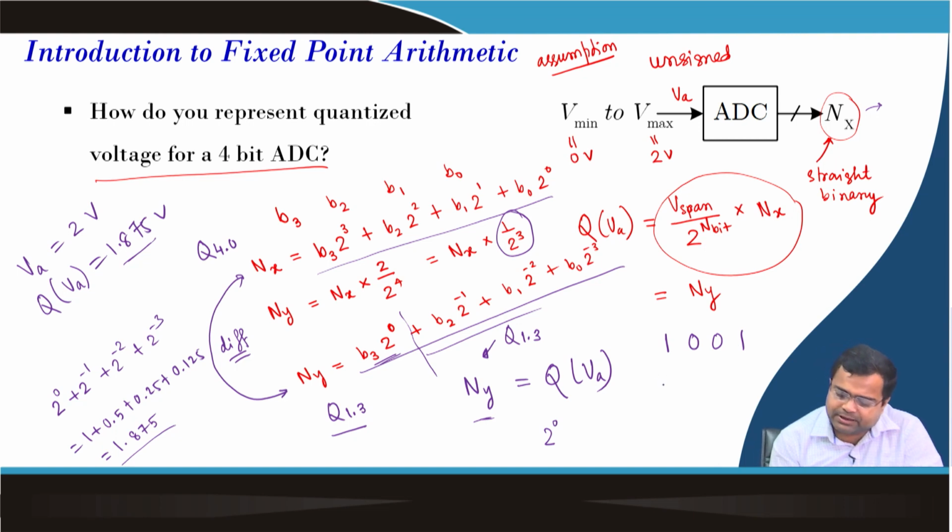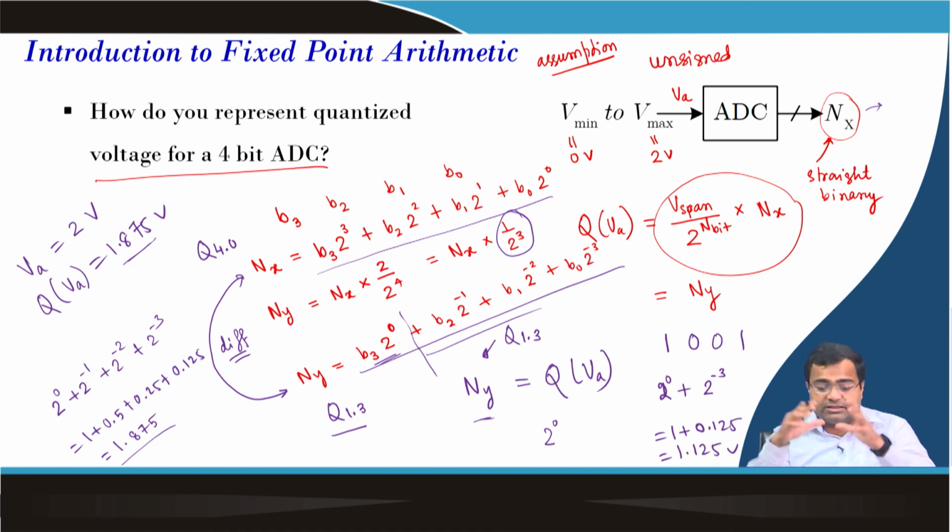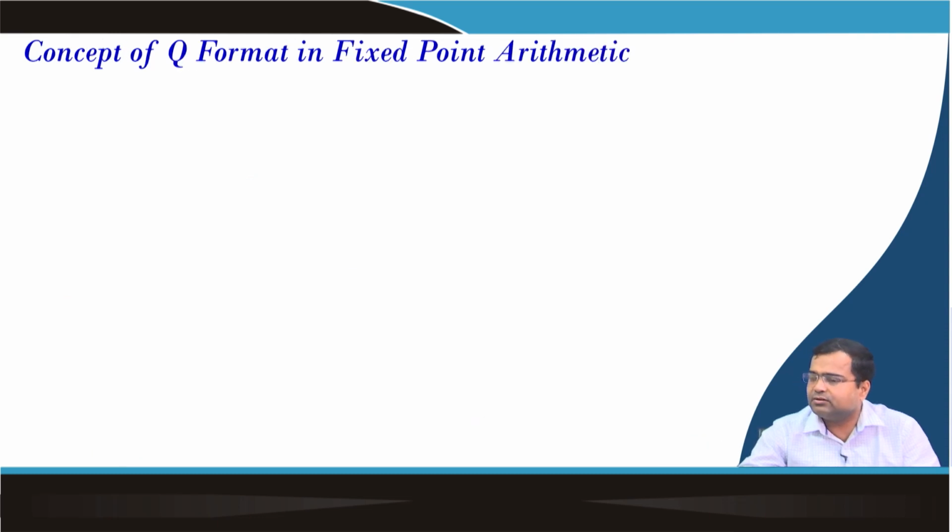It is simply 2 to the power 0 plus 2 to the power minus 3, that means 1 plus 0.125. So, it is 1.125 volt. That means this is a realization of the Q format. So, this is the concept of Q format.